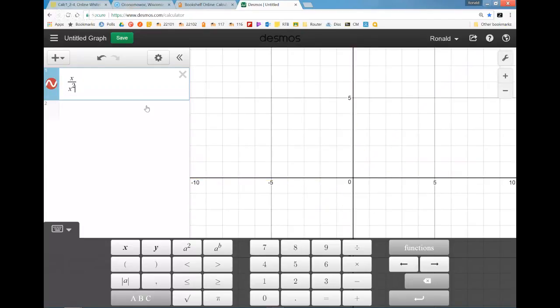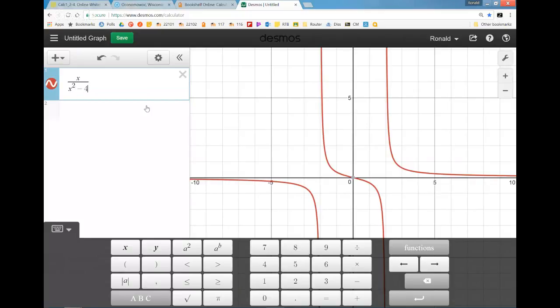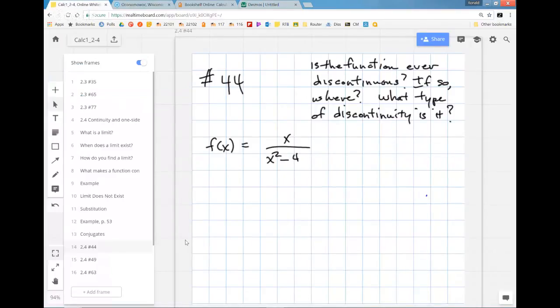Or was that minus 4? Minus 4. And you can see at x equals -2 we get an asymptote, and at x equals +2 we get an asymptote. What kind of discontinuity is that? That's infinite. That's called infinite discontinuity. All right, so that would be the answer to that question.